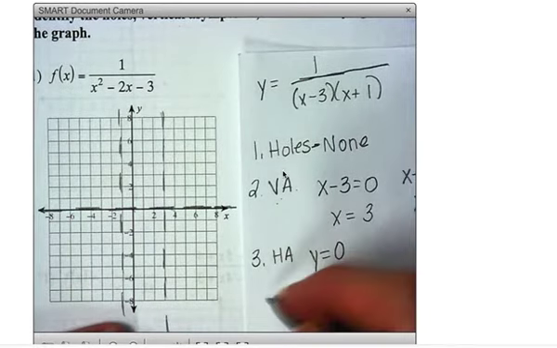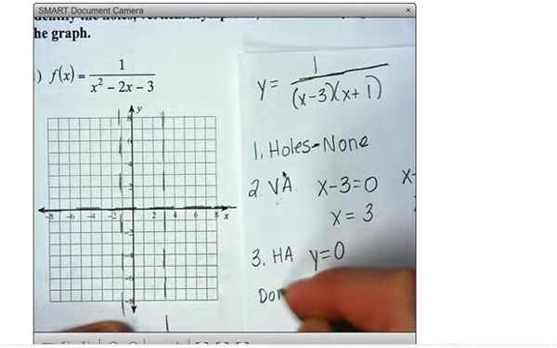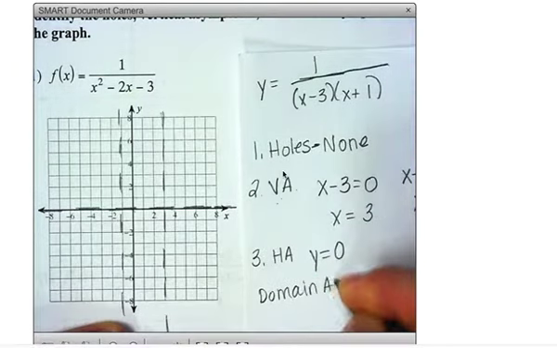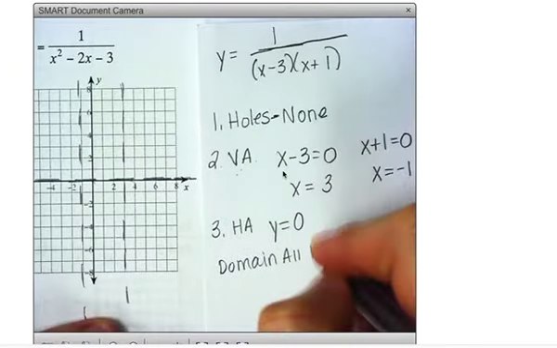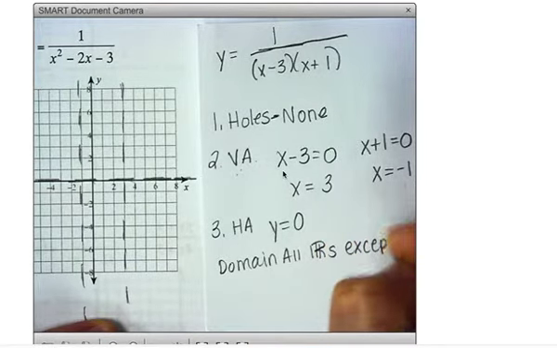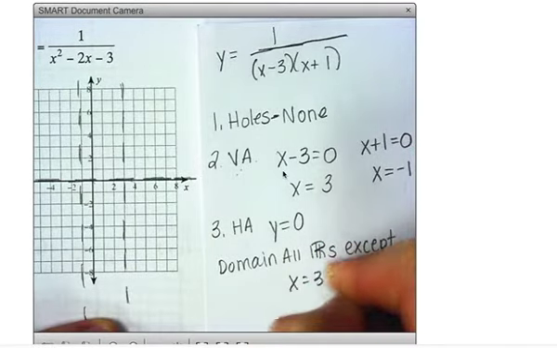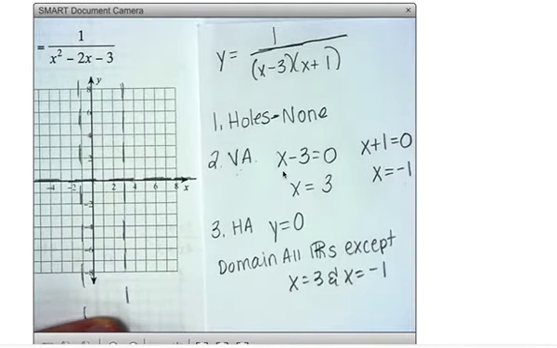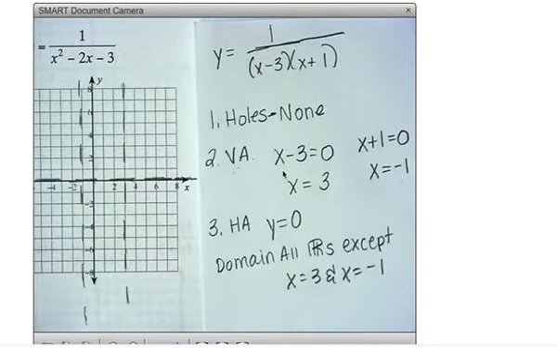All right, what's my domain? All reals except 3 and -1. Where are those coming from? The vertical asymptotes.